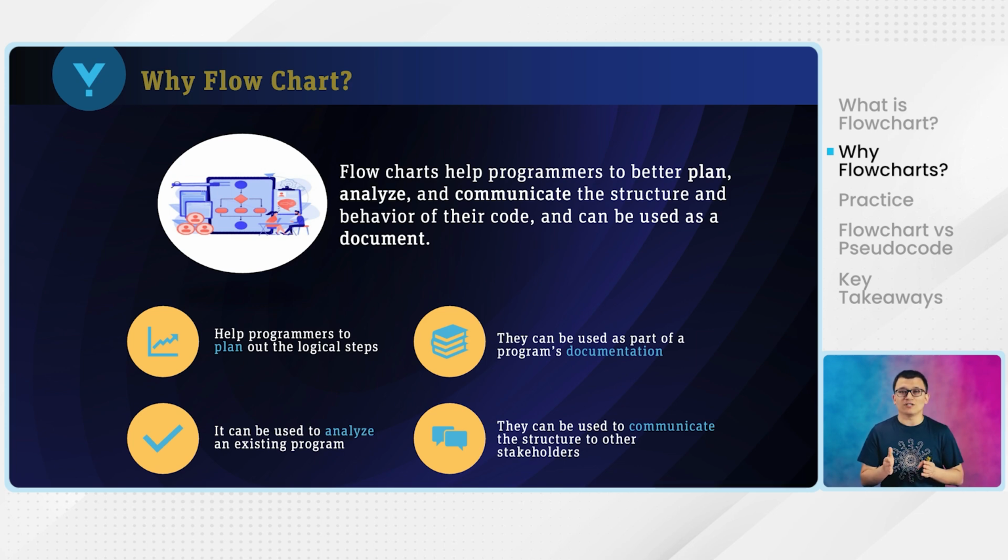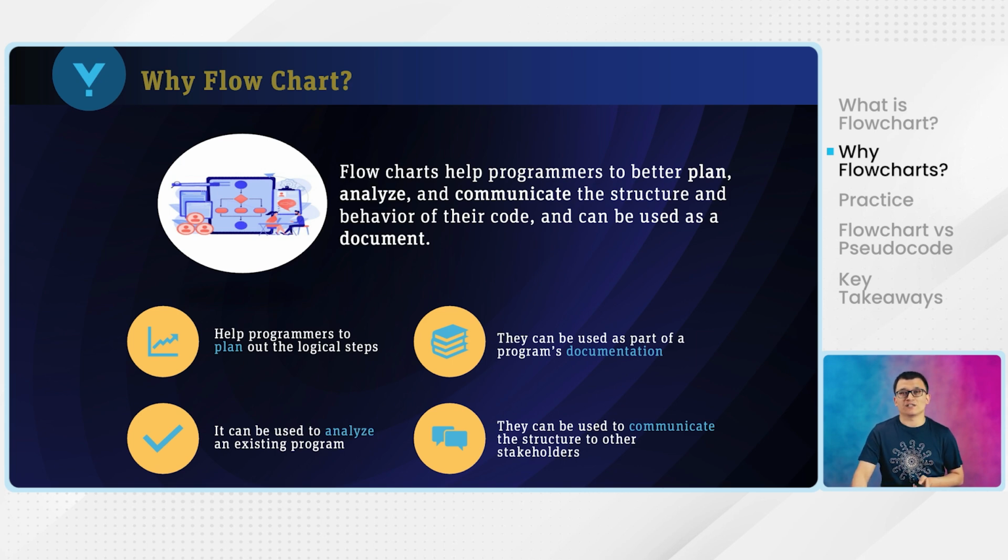And as for the communication, the flowchart can be used to communicate the structure and behavior of the program to other programmers or users, which makes it easier for them to understand how the program works. Okay, communicating is also extremely important for programmers.